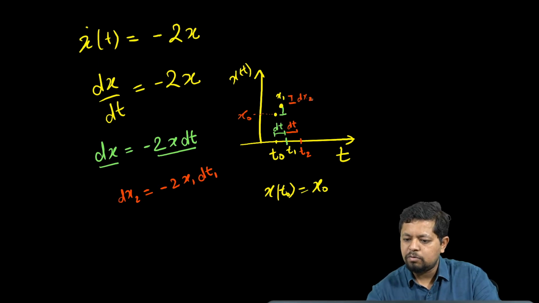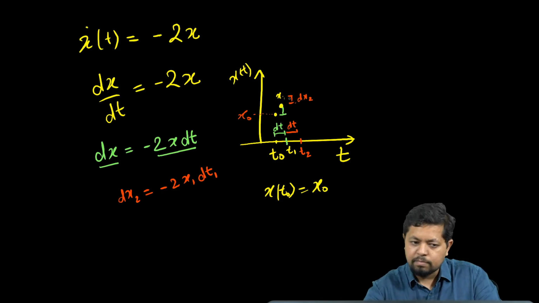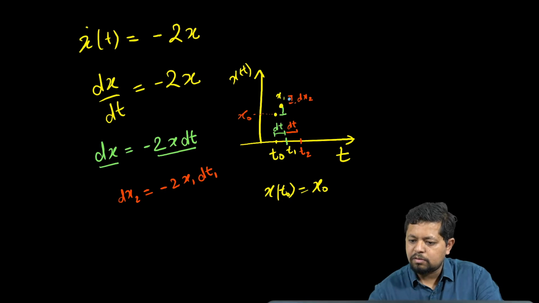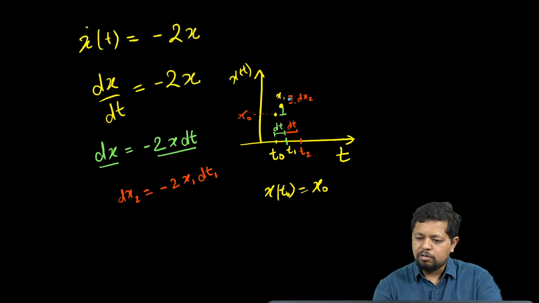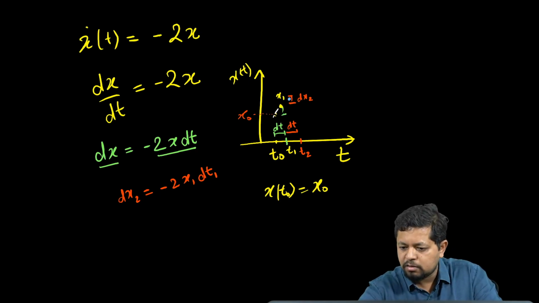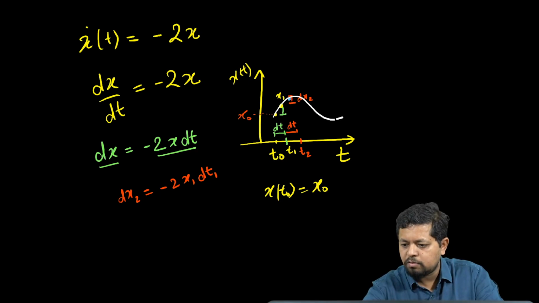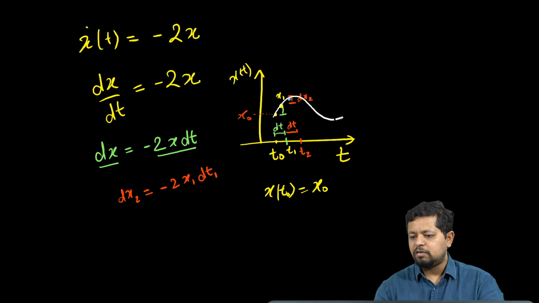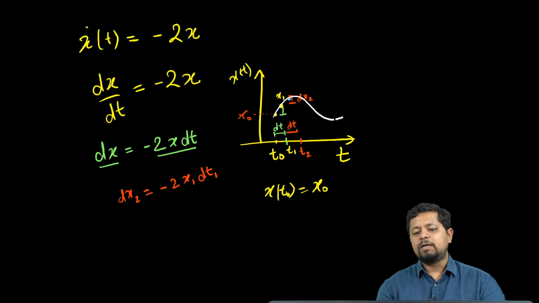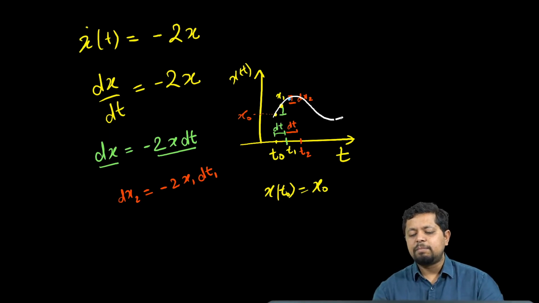If I know dx2, I can find the next point and keep on doing that. That process will generate a solution for my differential equation, some curve which is represented by this white line. So I'm solving the differential equation step by step for a small time dt at a time, and as a consequence I'm generating the entire solution. This is the essence of Euler's method.